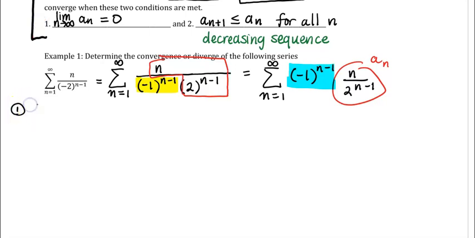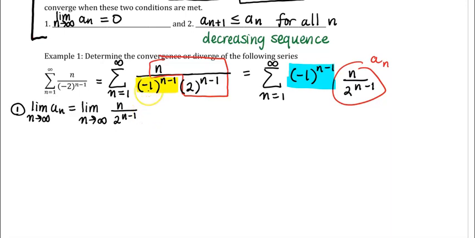So checking the first condition, I'm asking, does the limit as n goes to infinity of a sub n equal 0? Let's see. So this is the limit as n goes to infinity of n divided by 2 to the n minus 1.